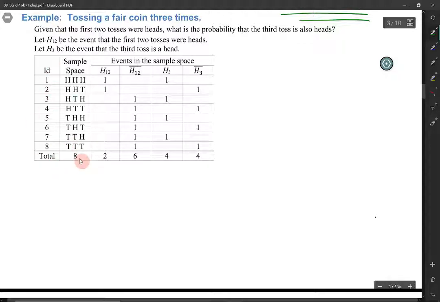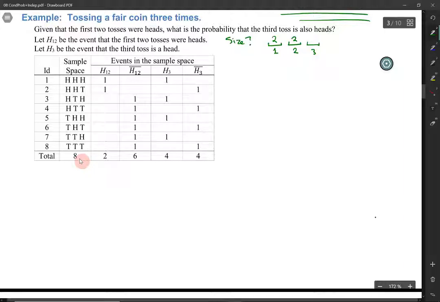And by the way, we know there are 8. How could you sort of prove that there are 8? You could say this is the first toss, this is the second toss, this is the third toss. How many possibilities? Well, 2, heads or tails.